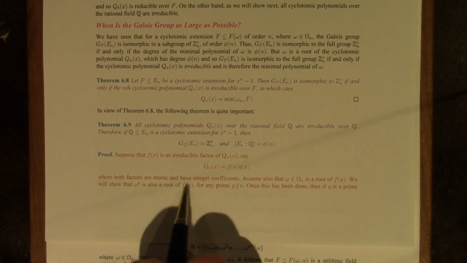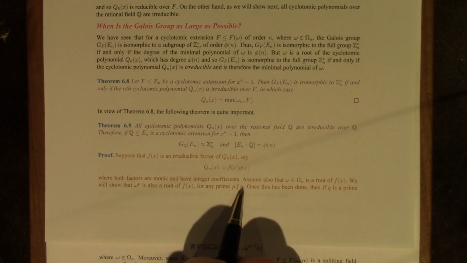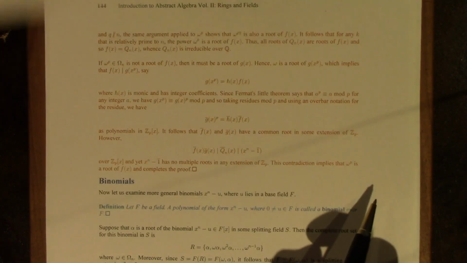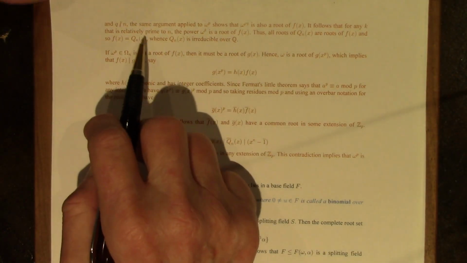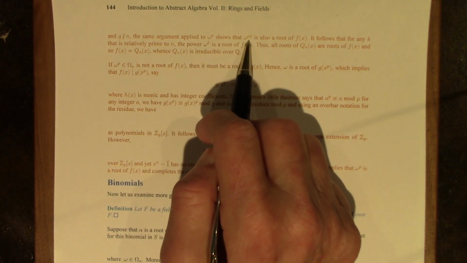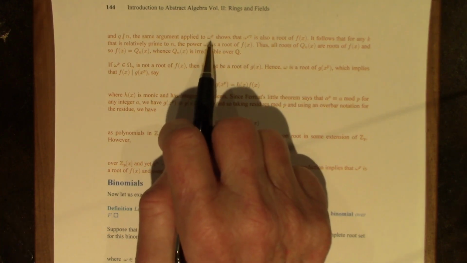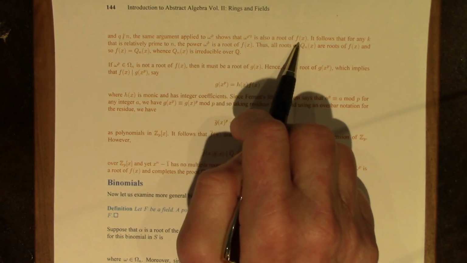What we're going to show is that omega to the pth power is also a root of f of x for any prime p that does not divide n. Once we do that, then if q is also a prime that does not divide n, we can apply the same argument again, this time to omega to the p, showing that omega to the pq is also a root of f of x.